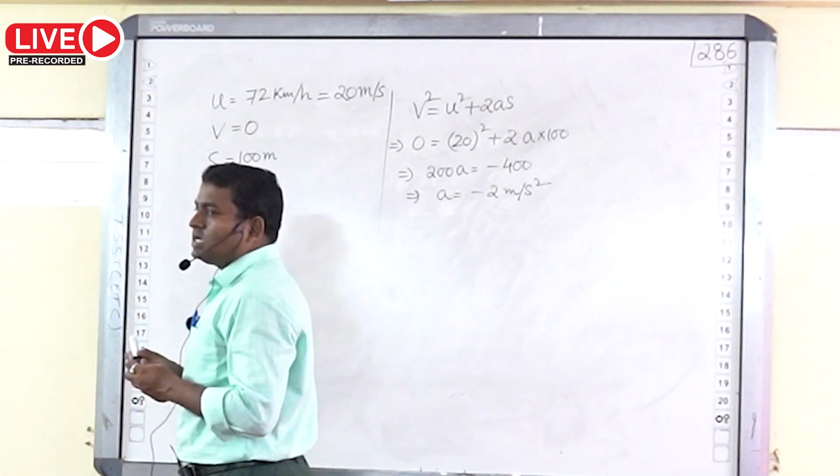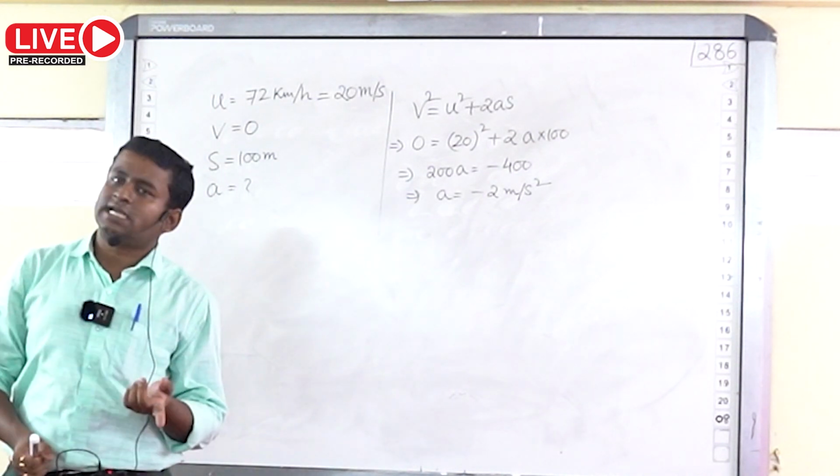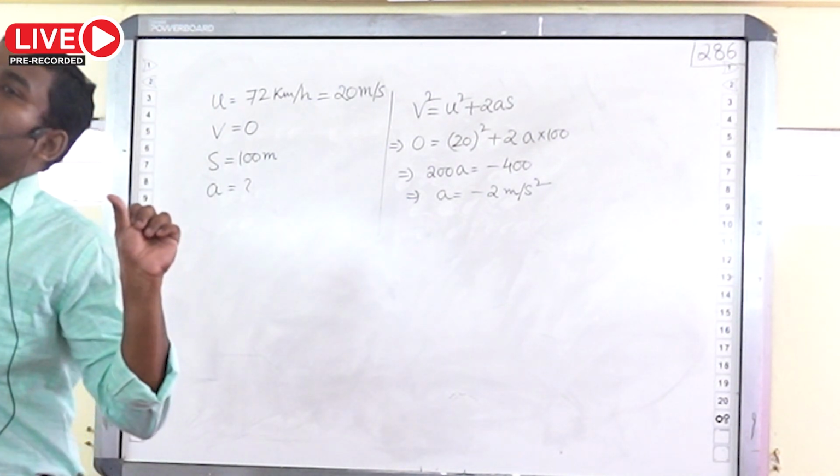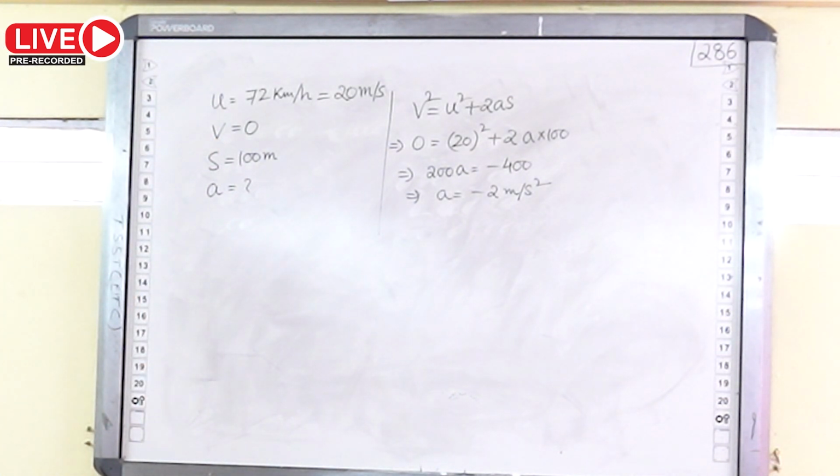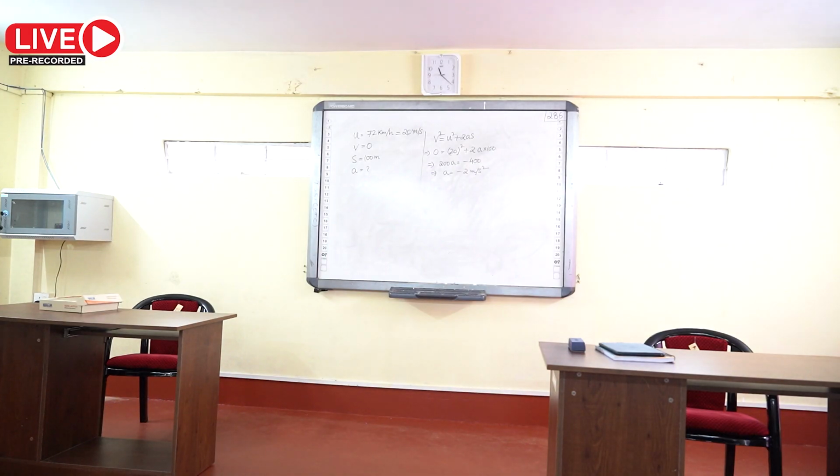So the value of the retardation is 2 meter per second square. Since I considered the plus sign in the equation, we are calculating acceleration and it is coming negative, which means retardation. So no need to change the sign from the beginning. After the solution, you will get the acceleration sign negative. If it comes negative, then it is retardation.